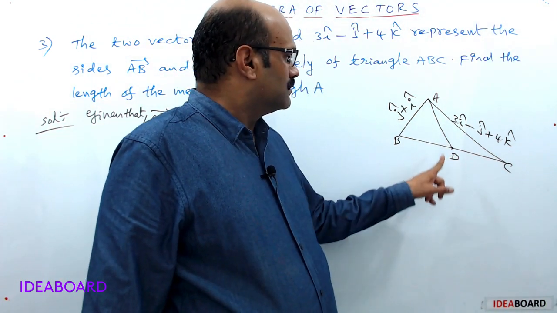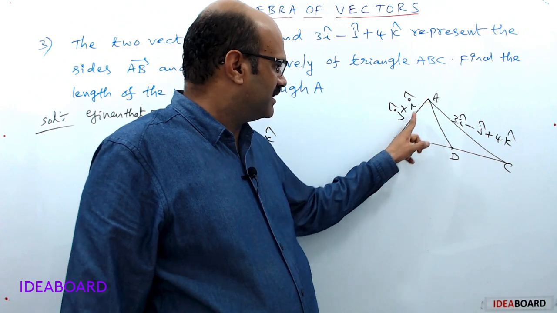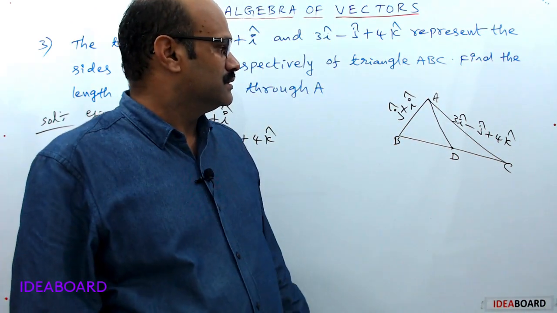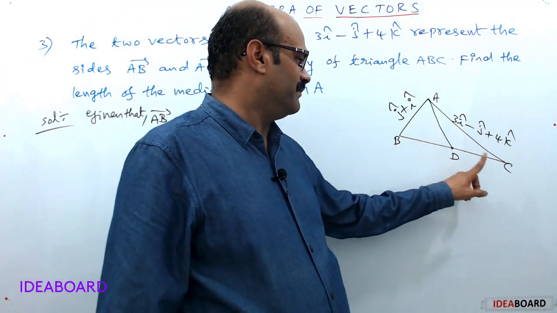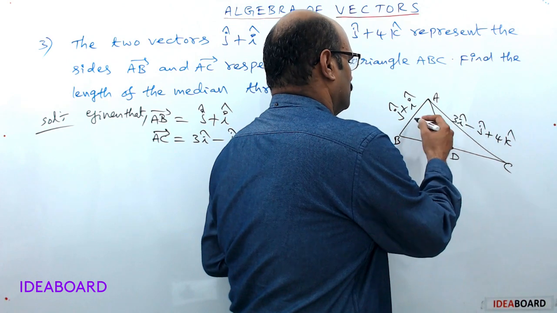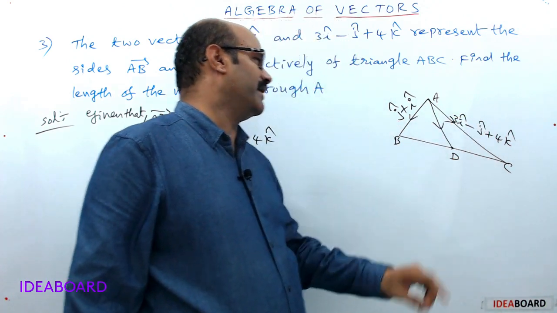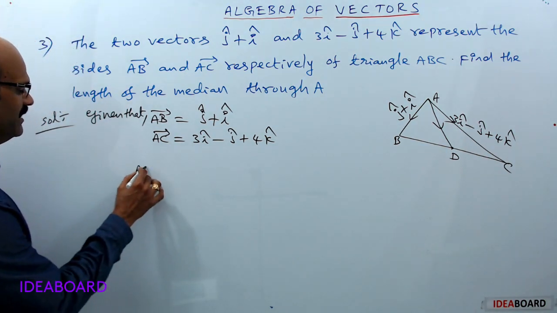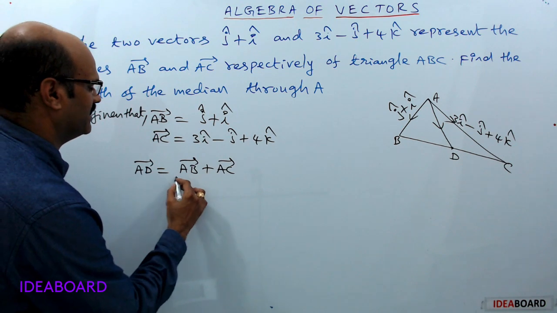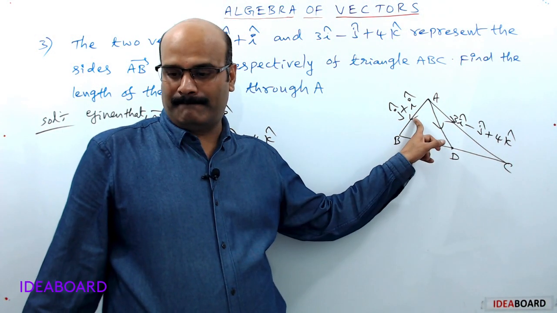Now here AD vector is always equal to AB vector plus AC vector by 2. Since D is the midpoint of BC, AD vector equal to AB vector plus AC vector upon 2. Midpoint formula.